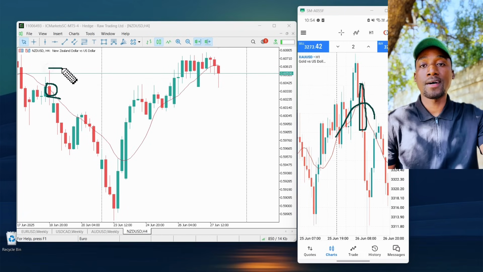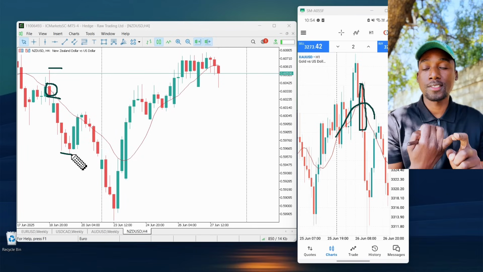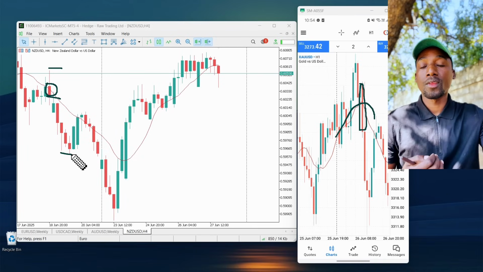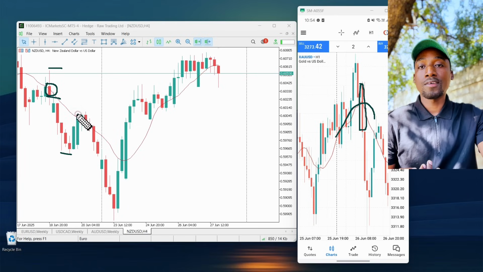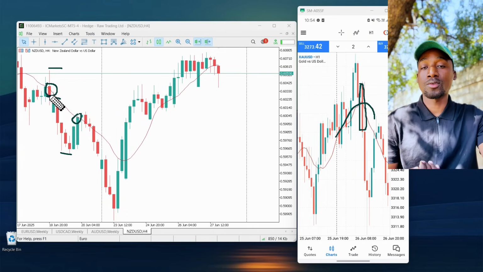Stop loss will be above, then you are targeting the lower price. But when you're targeting the lower price, we are now talking about market context, experience. The logic is that if it crosses over again here, you close the entry. So that's the trading logic.